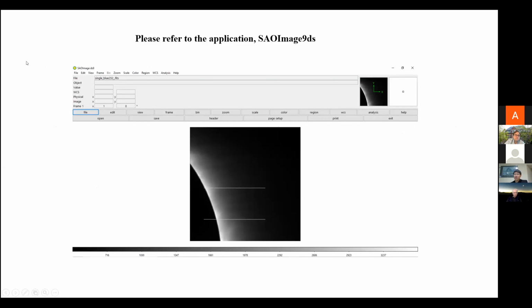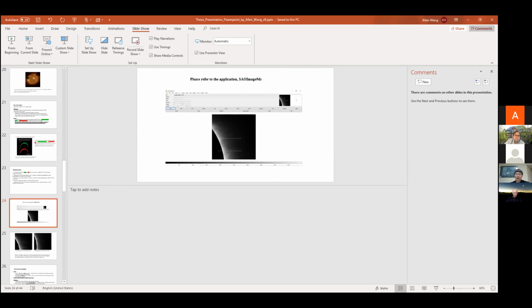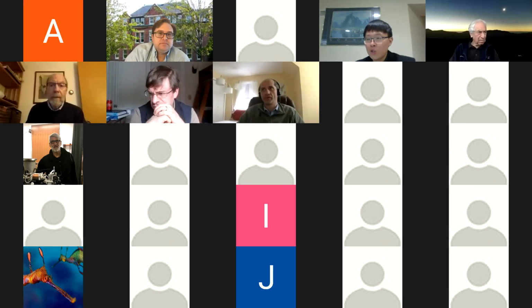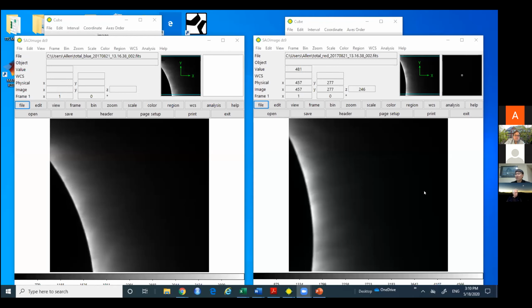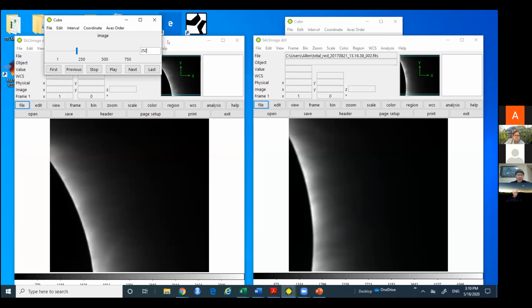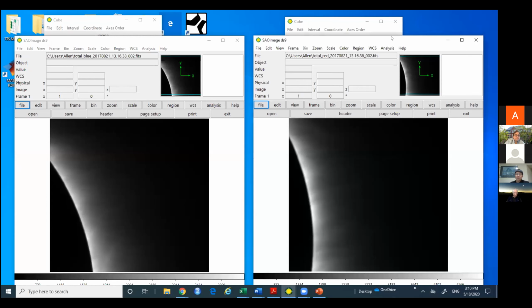So if you'll please turn your attention to the application. So this is what we use for processing the data. So I'll just briefly stop sharing and then reshare my screen in order to see the application over here. So if you can see my screen now, this is the green filter and this is the red filter.